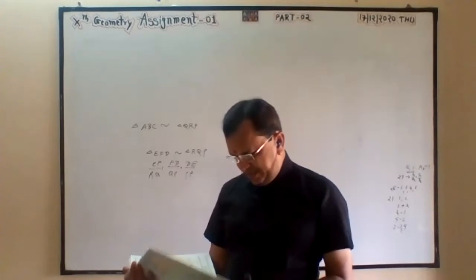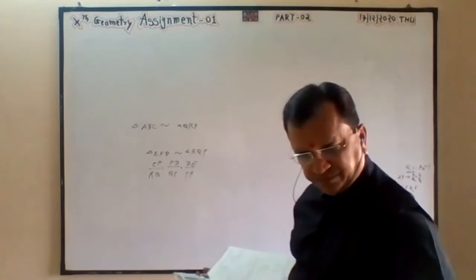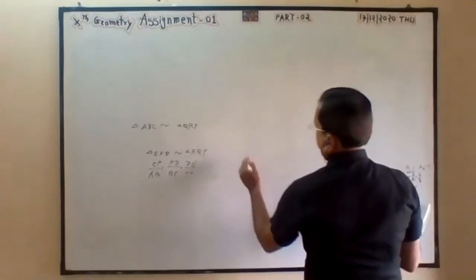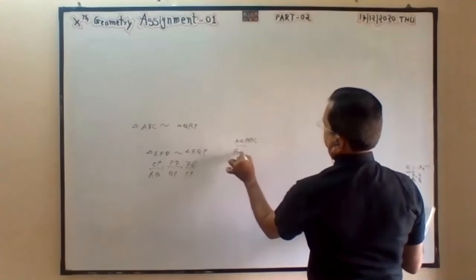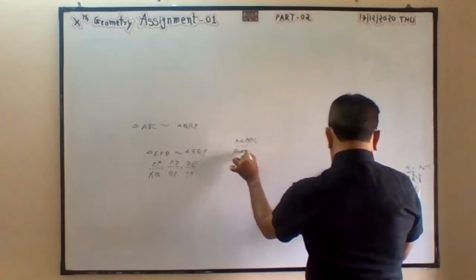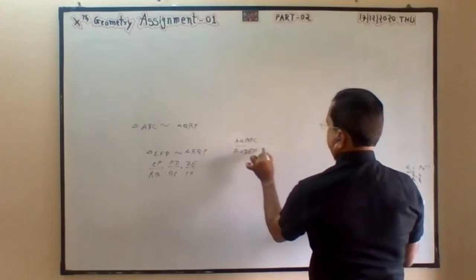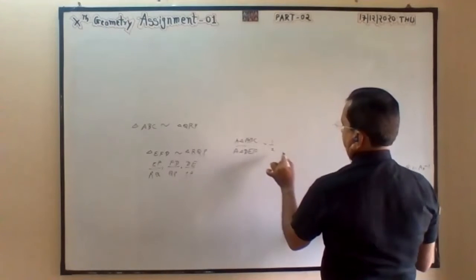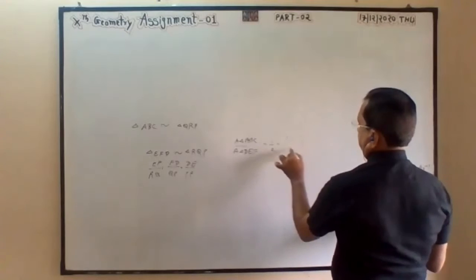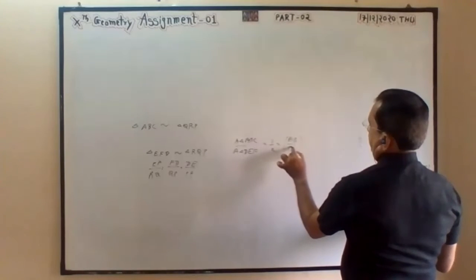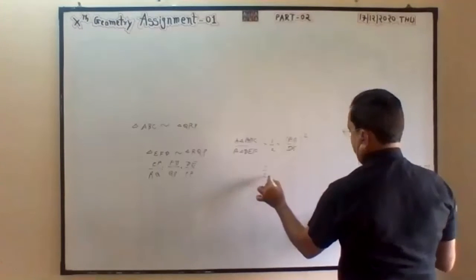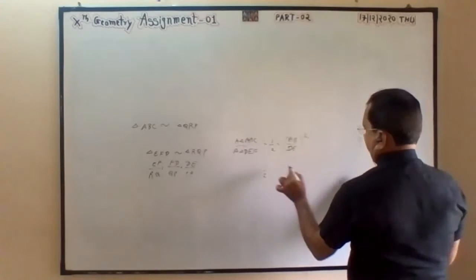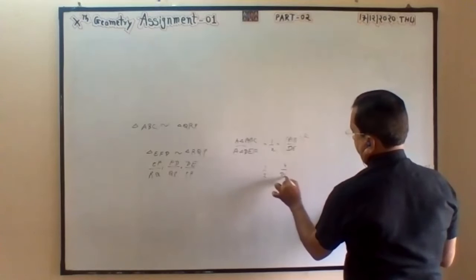Then area by area is given as 1 by 2. See, the same formula: area of triangle ABC divided by area of triangle DEF is 1 by 2, given. But that is AB by DE squared. So 1 by 2, AB is given as 4, over DE.